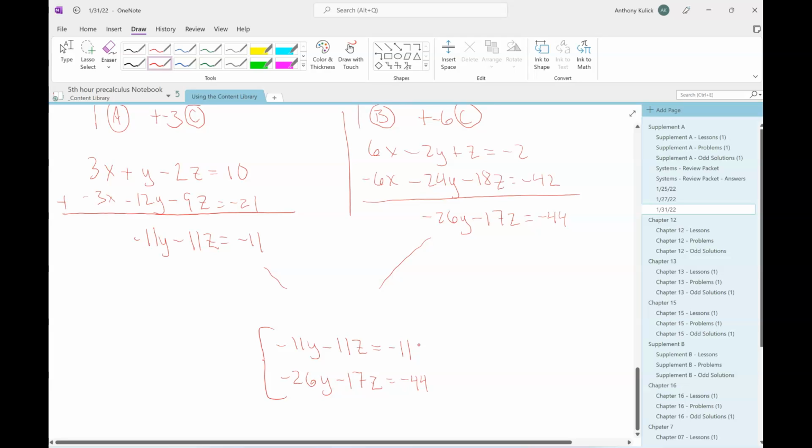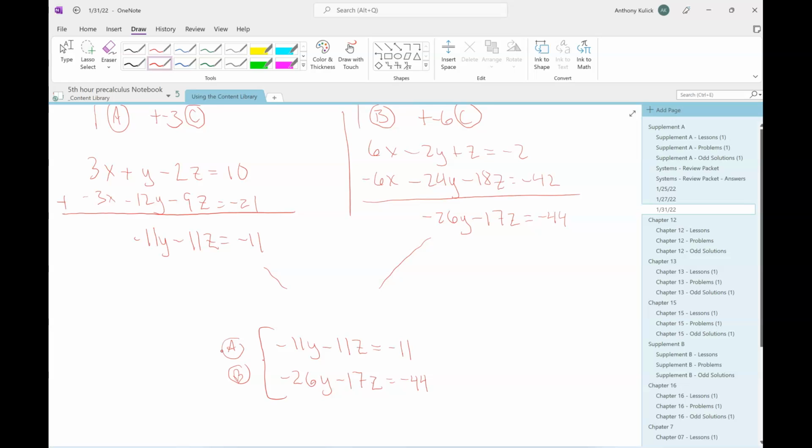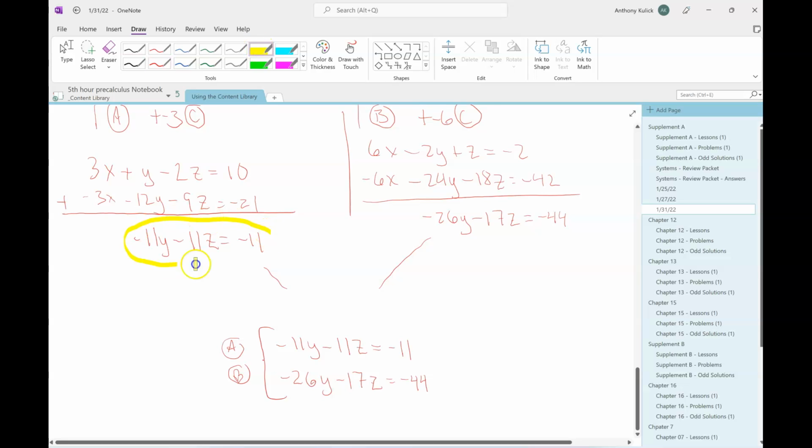You could do something like multiply, if we call these A and B again, A by negative 26 and B by positive 11. That'll work, but the numbers get kind of big, right? Substitution's going to be just as lousy because you're going to have fractions all over the place when you try to isolate a variable. But I want to draw your attention to one thing here.